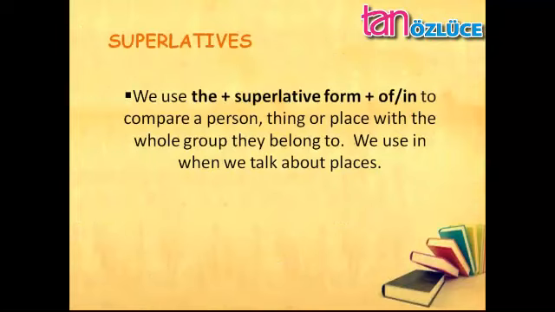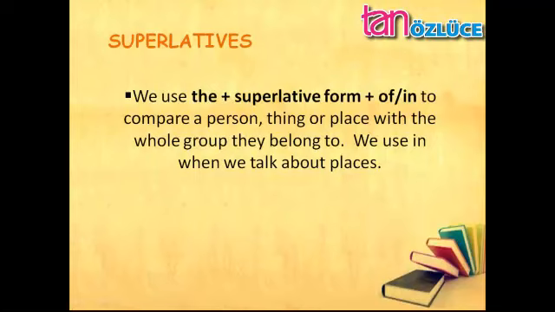And now we will go on with superlatives. And I want to say something here. In comparatives, there have to be two things to compare. But in superlatives, we compare one thing, one person, with the rest of the group, okay?